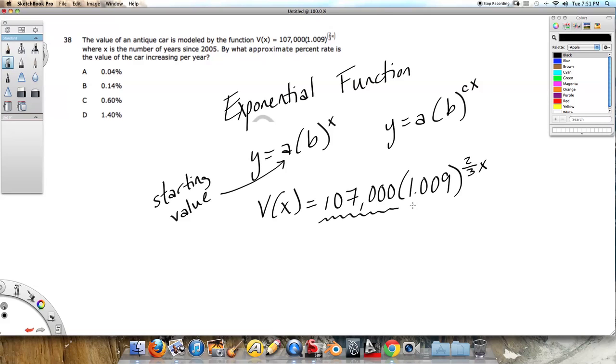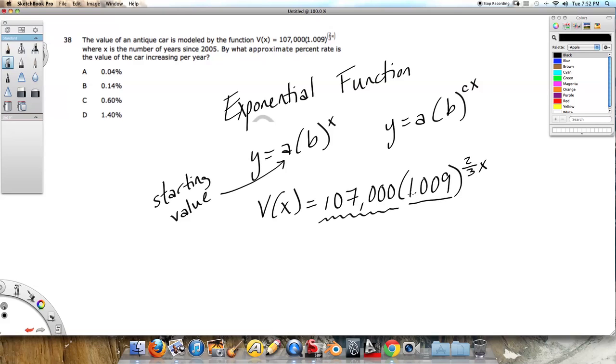The 1.009 is the growth rate. Now, if you're talking about the percent rate this car is increasing per year, you have to realize that the 1 at the beginning of 1.009, if you're talking about interest being gained or the value increasing by some percentage, just keeps the value where it is, and anything after that 1, like 0.009 or 0.06 or whatever it may be, is the percent that value is increasing.